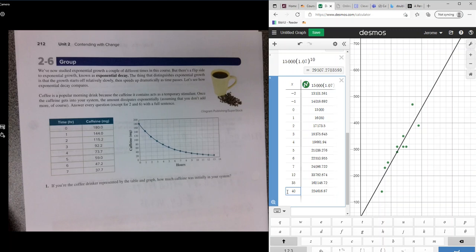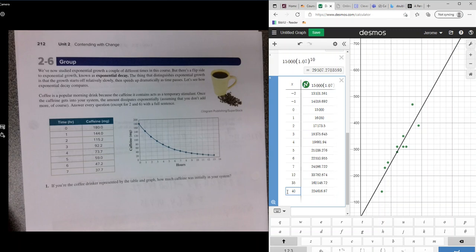Coffee is a popular morning drink because the caffeine it contains acts as a temporary stimulant. Once the caffeine gets into your system, the amount dissipates exponentially, assuming that you don't add more, of course. Answer every question except for 2 and 6 with a full sentence. Okay, number 1. You're the coffee drinker represented by the table and graph.